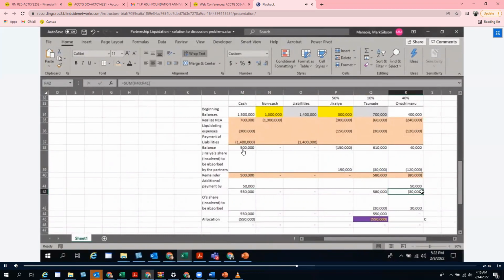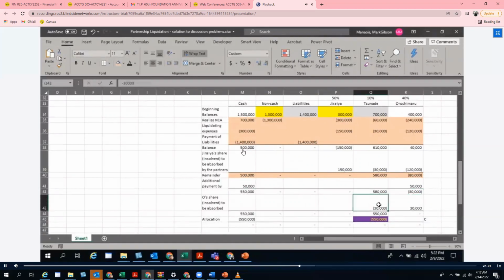So in this case, class, ang sabi natin, all of the partners are insolvent. So therefore, that remaining 30,000 pesos debit balance on Orochimaru's capital account will have to be absorbed by the remaining partner. So sino na lang ba yung partner meron pang credit balance on his capital account? Si Tsunade na lang.